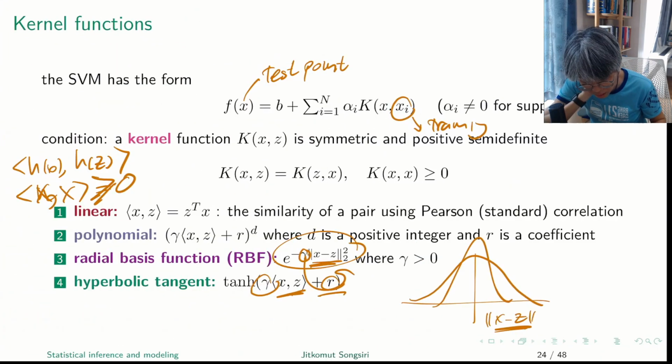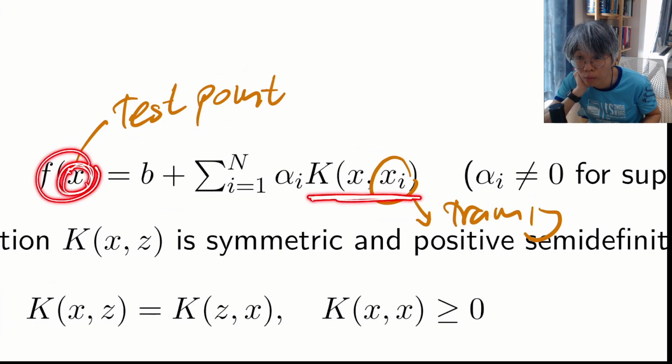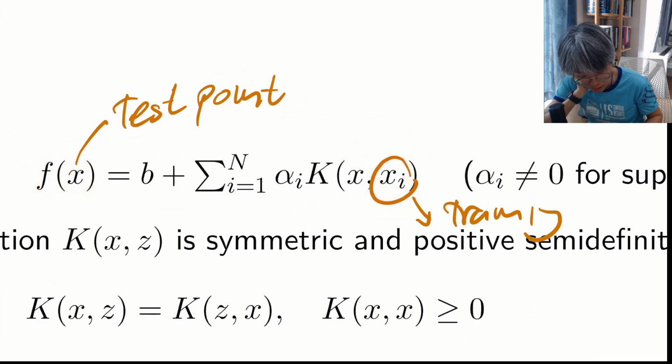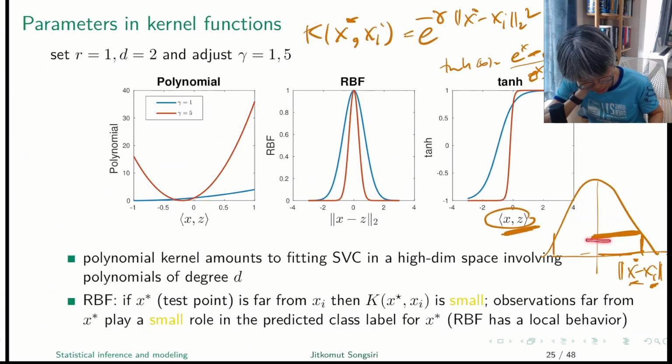Okay, let's take a look here again, to confirm. Your final prediction about a test point x depends on the kernel function value. If xi is very far from the test point, looking at the behavior of the kernel function, the kernel value will be small.